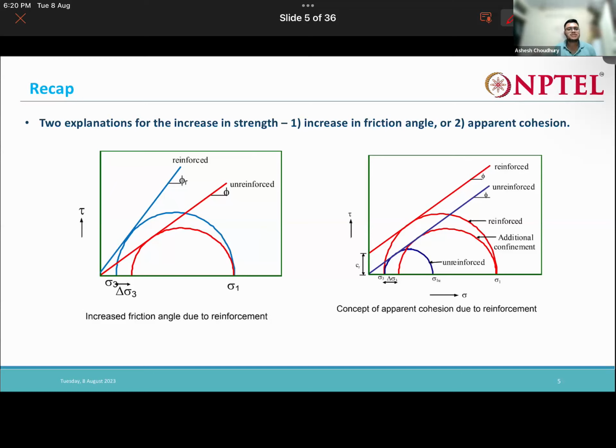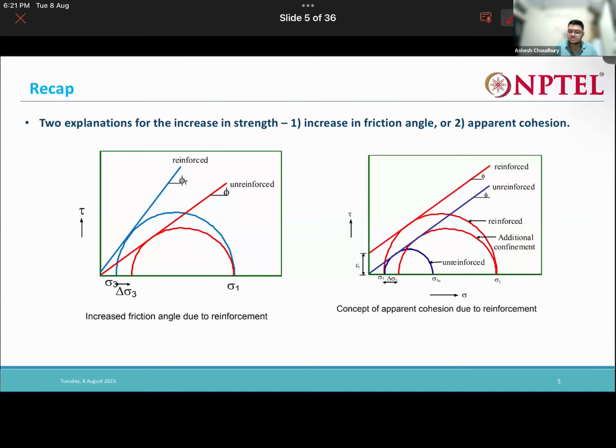So if you are reinforcing the soil specimen with a number of layers of reinforcement, the strength of the soil is going to increase, correct? This increase in strength of the soil can be looked into from two aspects. One is the increase in friction angle of the soil, or the appearance of an apparent cohesion.